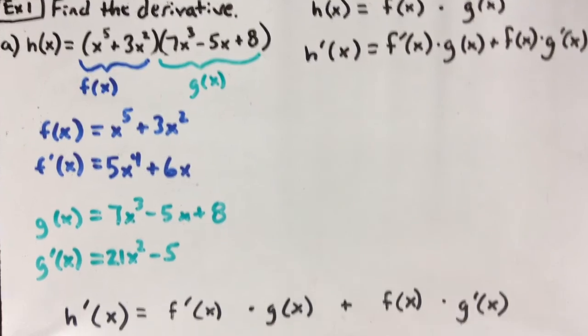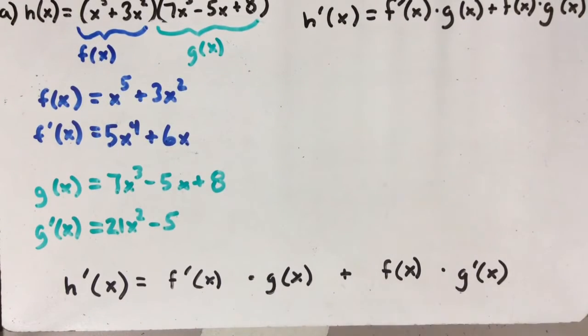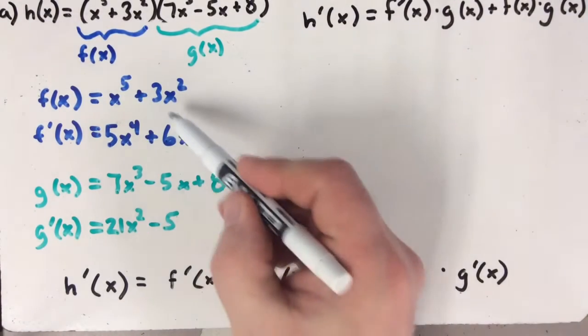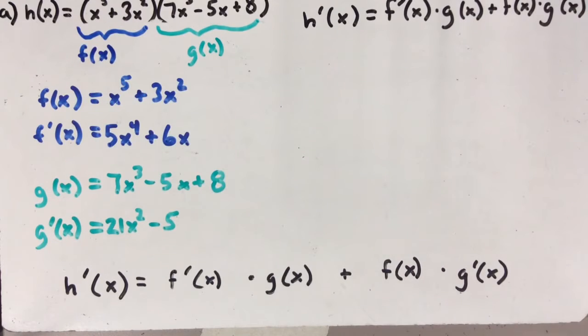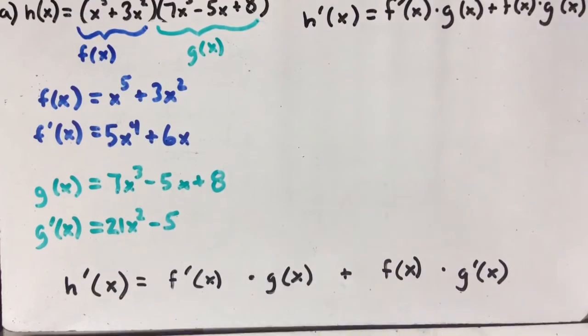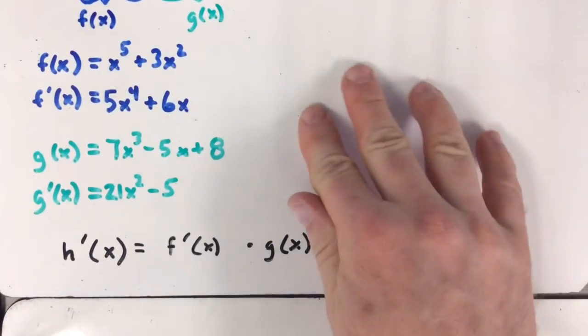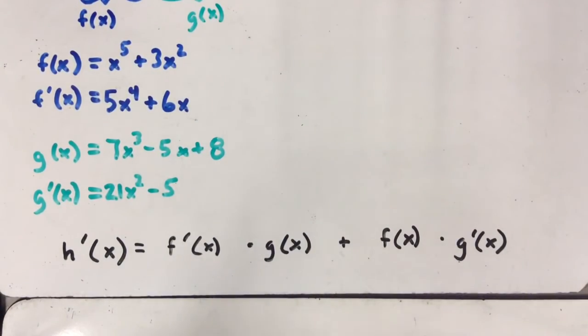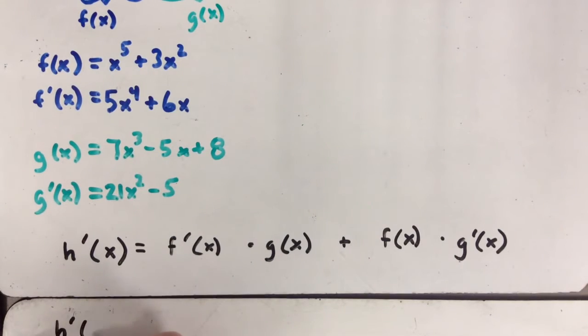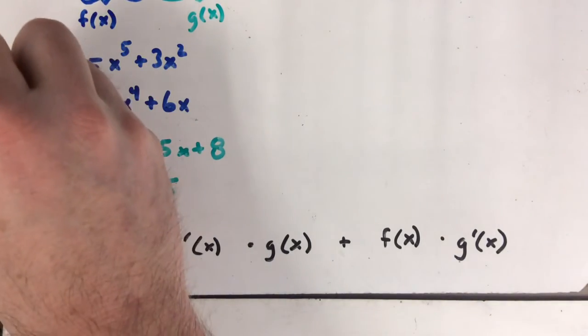So these 4 values that we have in this formula are listed here in blue and in green. So here we go. H prime of x, that's what we're trying to calculate. That is equal to f prime of x. F prime of x is this function right here.